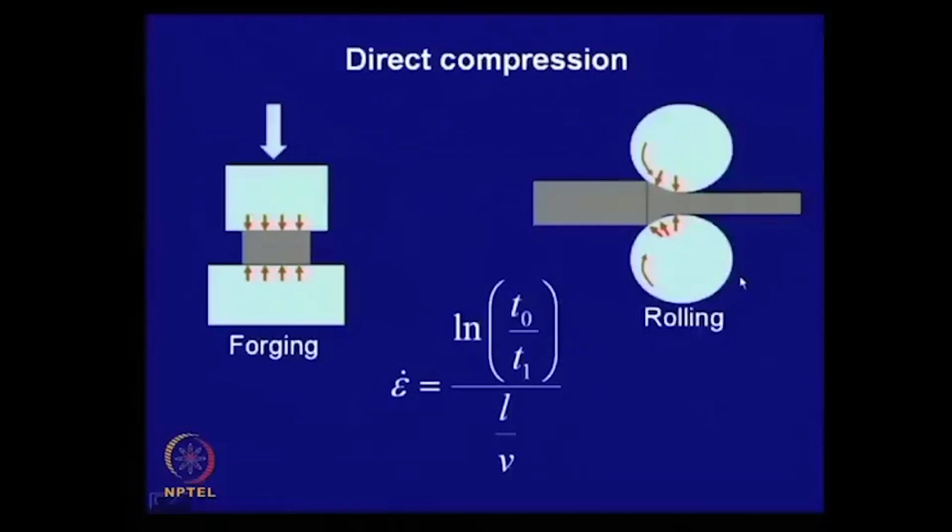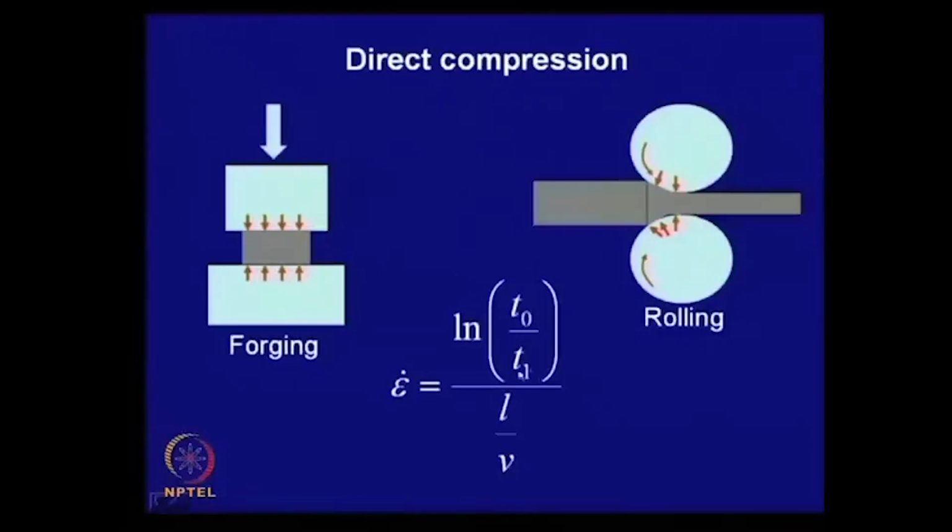Now in case of rolling also, this is the region over which the plastic deformation is taking place, and after this is the final product. This is your initial thickness T naught, this is your final thickness T, and the true strain we know is given by ln of initial thickness over final thickness.